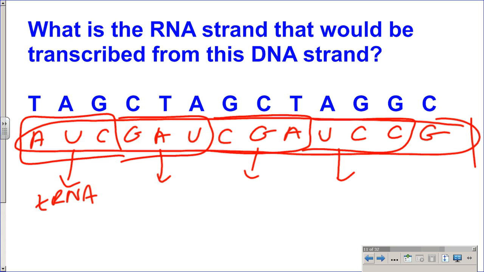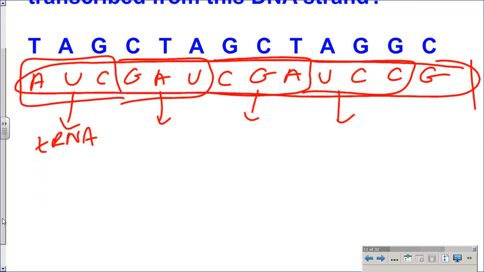But the tRNA doesn't know where to go, really. It just knows it's supposed to bring it. What it has to do is the tRNA molecule, which looks like a T, right? Here's my little tRNA. The tRNA has to know where it's supposed to go, so it has to fit the pieces together.